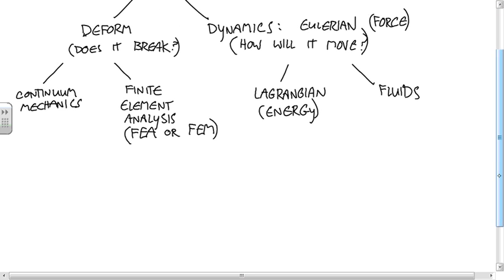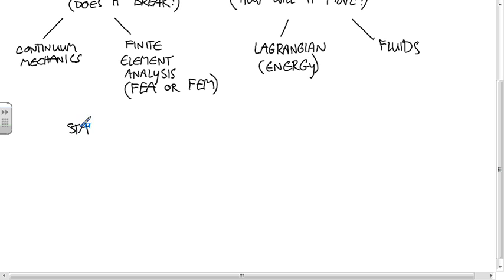So in statics, we're going to be talking about a force-based approach using Newton's laws.